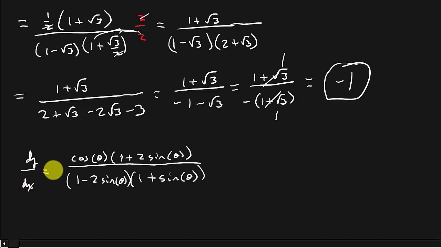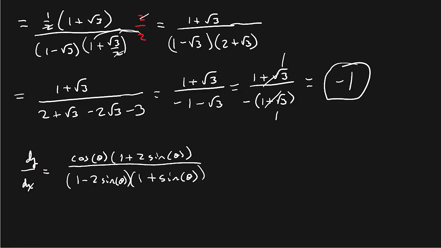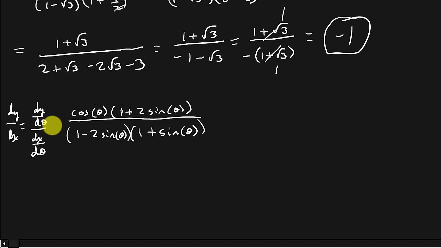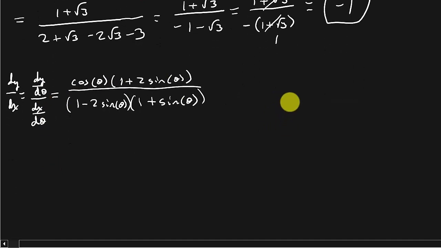That was our derivative. And remember, the numerator here is what? Dy. Well, I tell you what, let's do it like this. So this is dy dx, which is dy d theta over dx d theta. Okay, so let's find horizontal tangent lines.